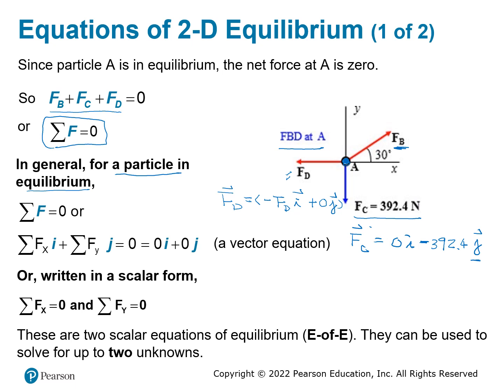So in the X direction, let's write this. In the X direction, we have F of B, which represents the magnitude of this force, multiplied by the cosine of 30 degrees. This represents the X direction component, and we also have the Y direction component, which is going to be sine 30 degrees.